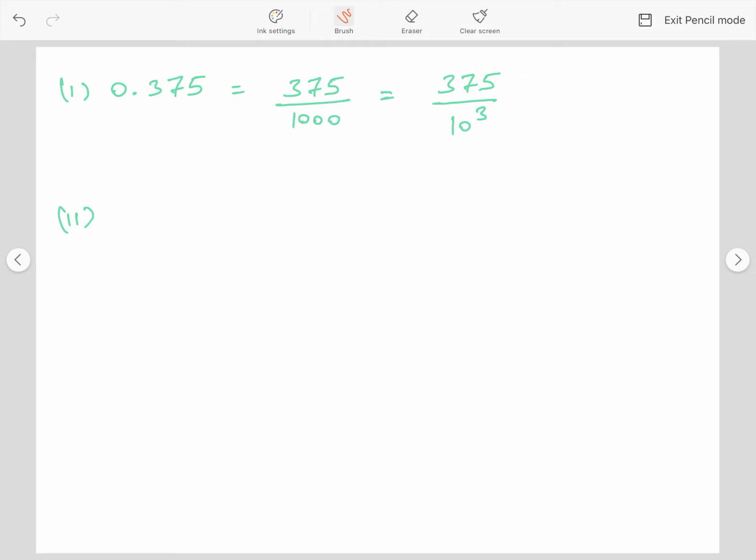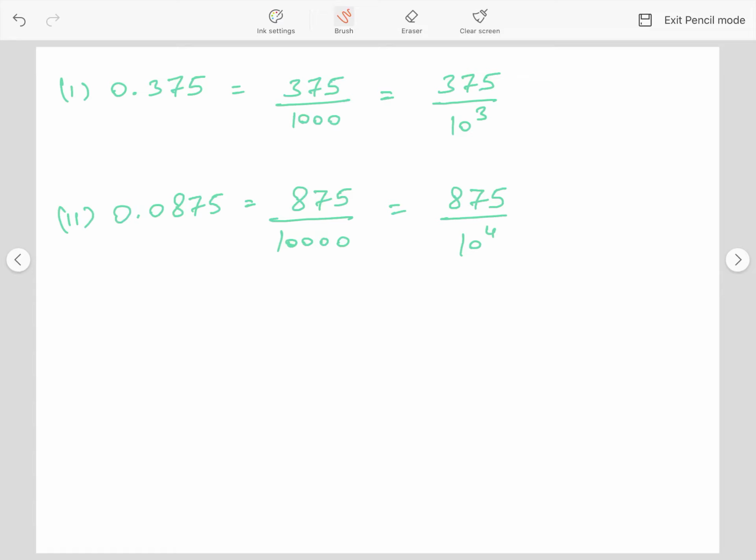Taking another example, 0.0875. So we can write it as 875 by 10,000, and that will be equal to 875 by 10 raised to the power 4.